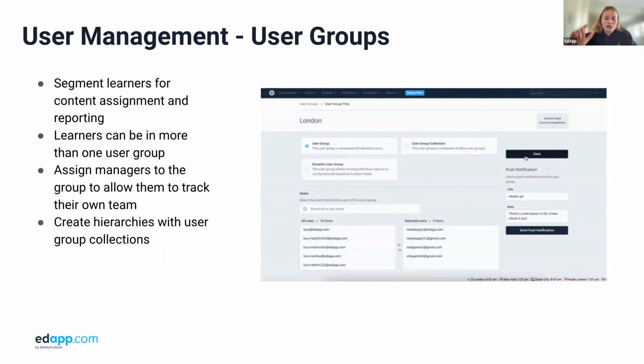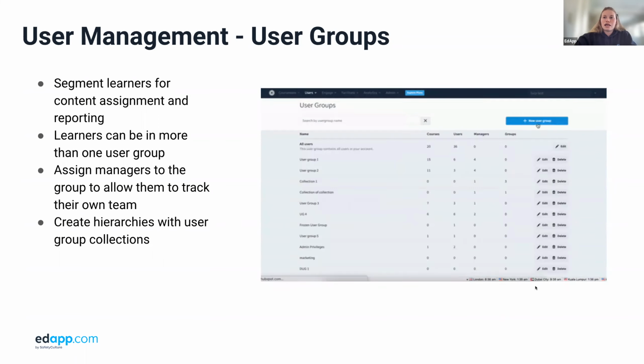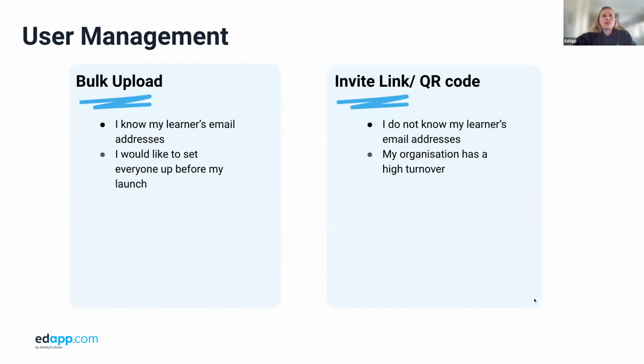After that, you can move on to actually getting your users into the platform. There are a couple of questions here for deciding the route you need to take to get your learners up and running. We've got two main ways of getting them going. The first is bulk uploads. This is often if you know your learners' email addresses and you'd like to set everyone up before your launch.